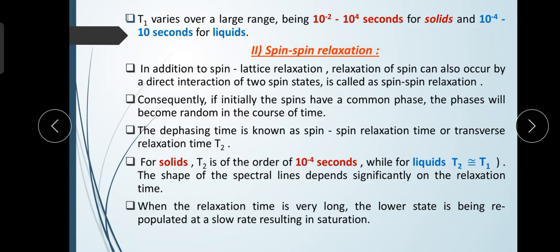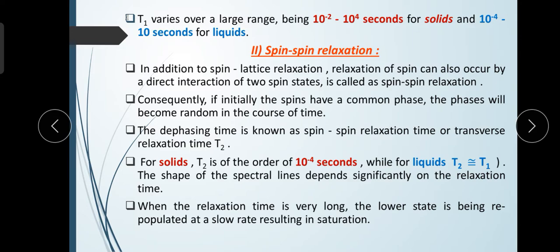That is the dephasing time of the spins. That means suppose first all the spins are in the same phase, but due to the interaction the phase changes, and due to this we get the relaxation process, and the time required for this dephasing process is known as the spin relaxation time, or simply the transverse relaxation time, which is denoted by capital T2.